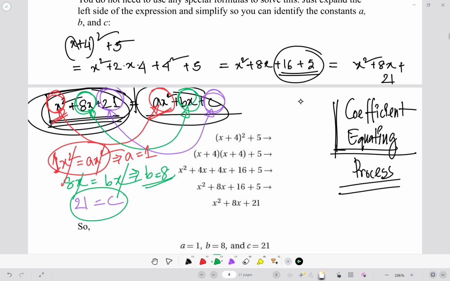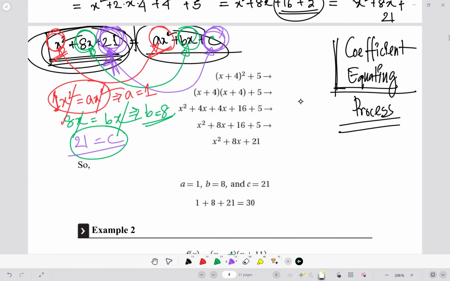And c is already 21, because we don't have any variable associated with this term. That's why c becomes 21.